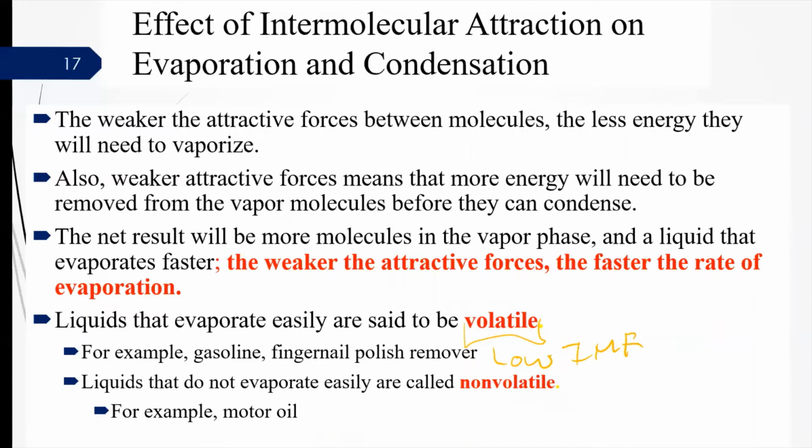A lot of those liquids with those weak intermolecular forces are transitioning to be gases, and so you can smell them more easily. Other ones that are non-volatile, things like motor oil, have strong intermolecular forces. Those strong intermolecular forces mean that not much of it will turn into a gas, which makes them less volatile or non-volatile.